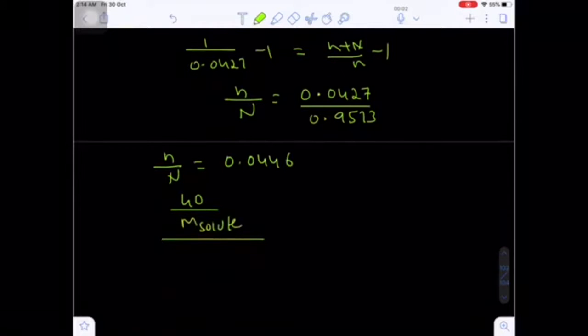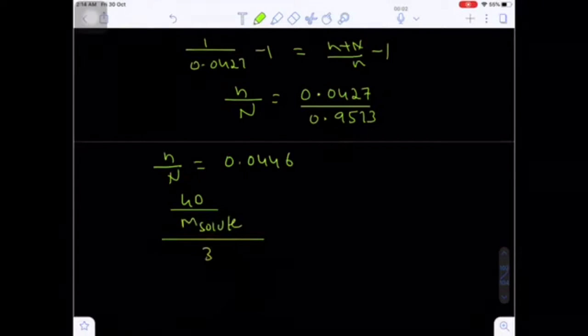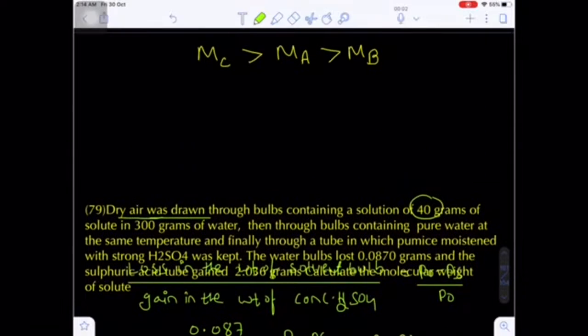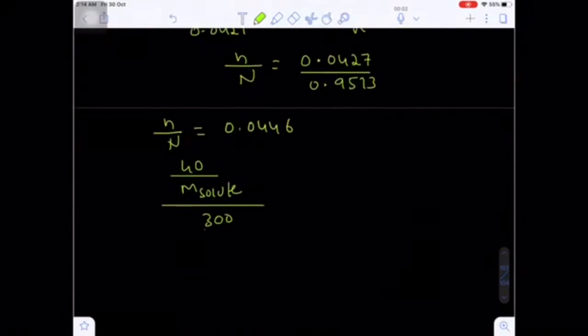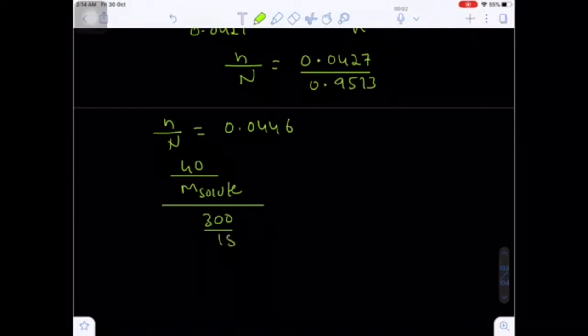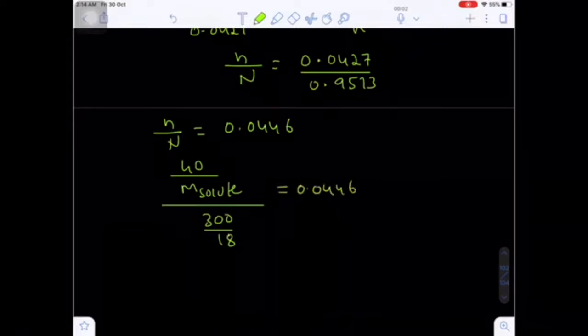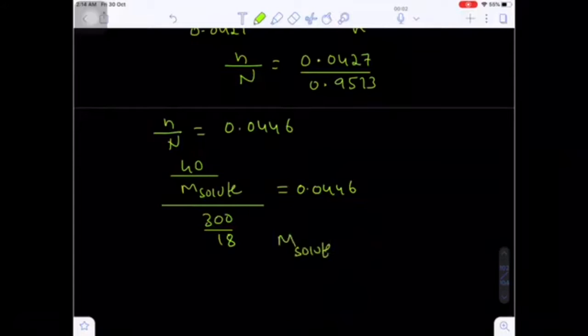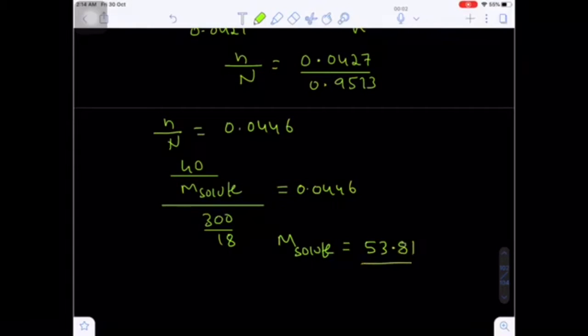Whole divided by the number of moles of solvent: the given mass of solvent water is 300 grams, whole divided by the molar mass of water, 18, which is equal to 0.0446. From here, after simplification, you will get the molar mass of the solute, which is equal to 53.81.